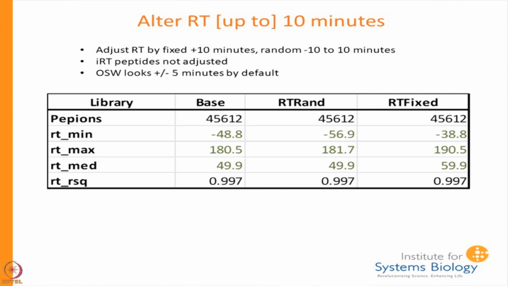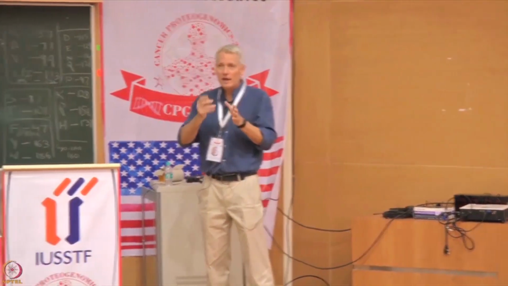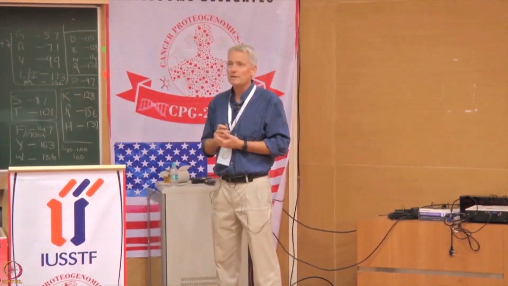In this other case, I did a fixed RT. I said, every peptide in here, I'm going to add 10 minutes. Then I'm going to use this library for a SWATH analysis and see how the software can handle it. So between these 2 things, this is the baseline library. I've done a random thing where each individual change is probably less, but it's plus or minus. And in this case, I've added 10 to everything, so everything in here is moved by 10 minutes.